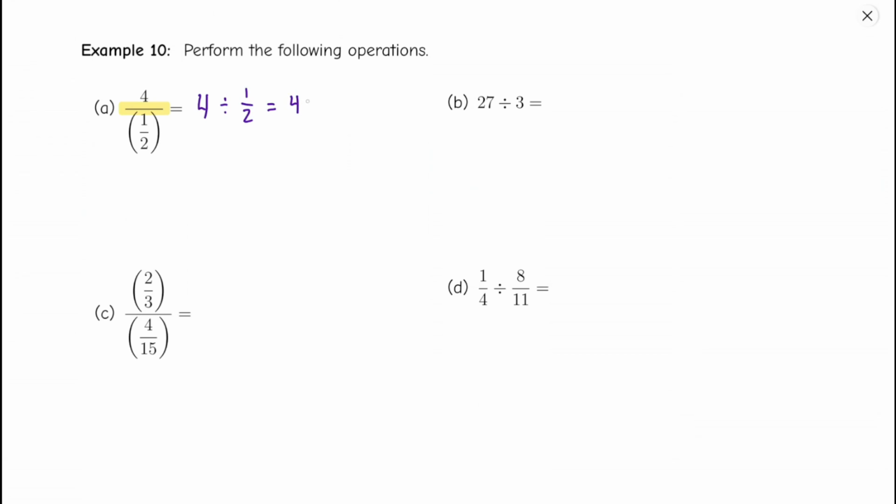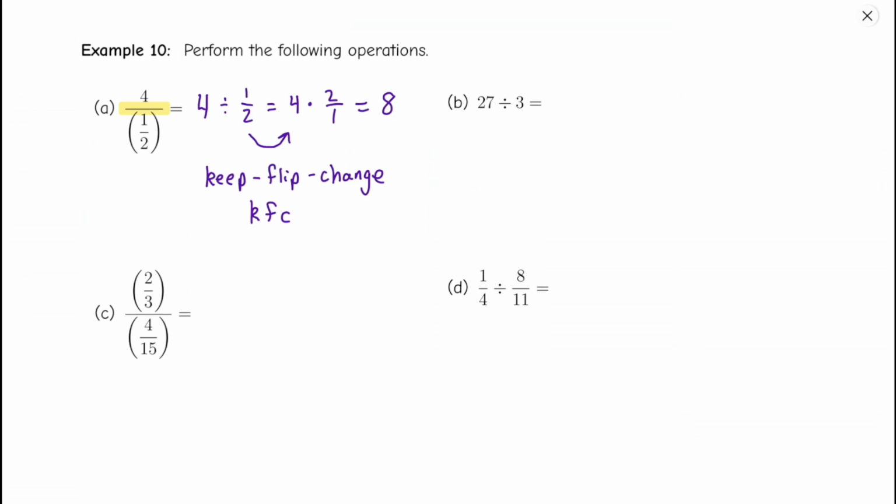So this would be 4 times 2 over 1, which is 8. So to remember going from here to here, you can use this mnemonic: keep, flip, change, or KFC. So you keep the first number the same, flip the second number, change division to multiplication, KFC.